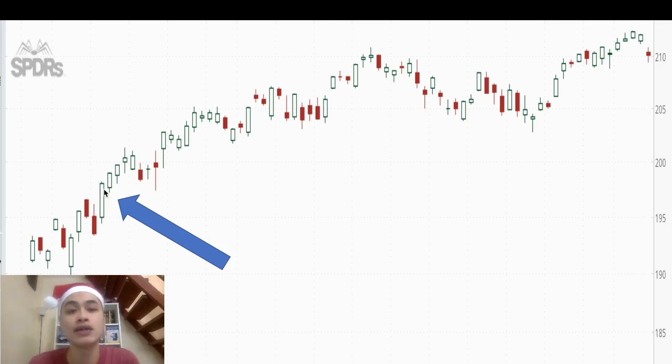So that is the three white soldiers pattern. When it appeared, what happened after to prices? Prices continue to rise over time. So that is what a three white soldiers pattern can indicate to us. It indicates a very bullish momentum of prices.